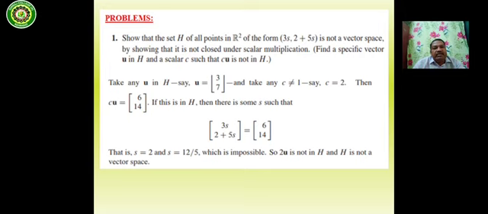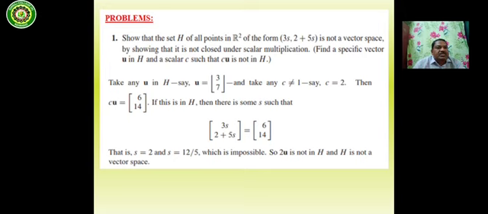Suppose we take c value 2, then Cu is (6, 14). So if Cu is in H, then there is some s such that (3s, 2 plus 5s) equals (6, 14). Here we apply the definition.